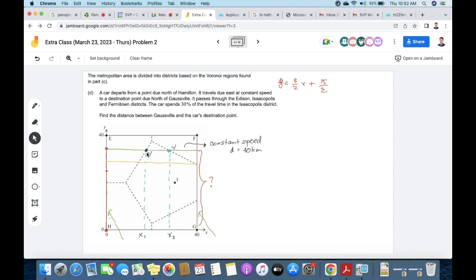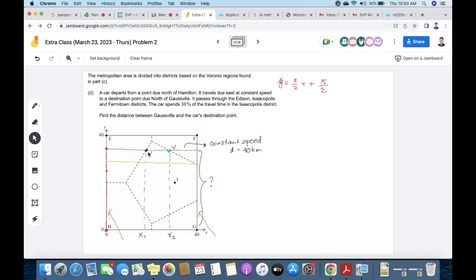So this point happens to be found on this perpendicular bisector. And we know that this perpendicular bisector is given by this equation, y equal to 3/2 x plus 15/2. All right? So what's the point? The point is, if we just know the x coordinate of this point, we can substitute that x coordinate into this equation, and by doing that, we can already solve this y value, which is simply the vertical distance.